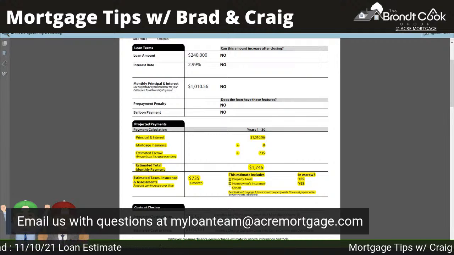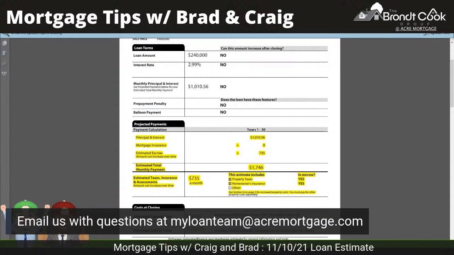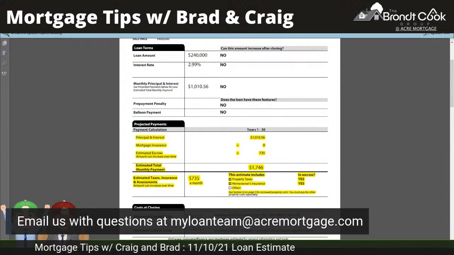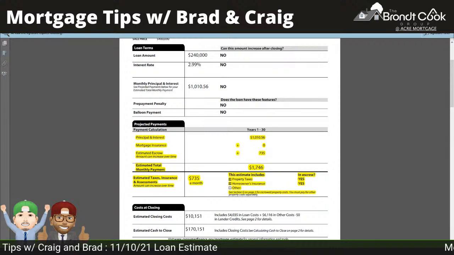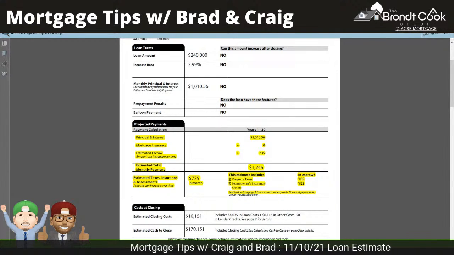Now, below, you're going to see another section. We'll talk about it. That's going to describe what's in that escrow section, meaning what the bank is retaining as a part of your mortgage payment to pay certain items when they're due. Most of the time, you're talking about escrowing for property taxes and homeowners insurance.